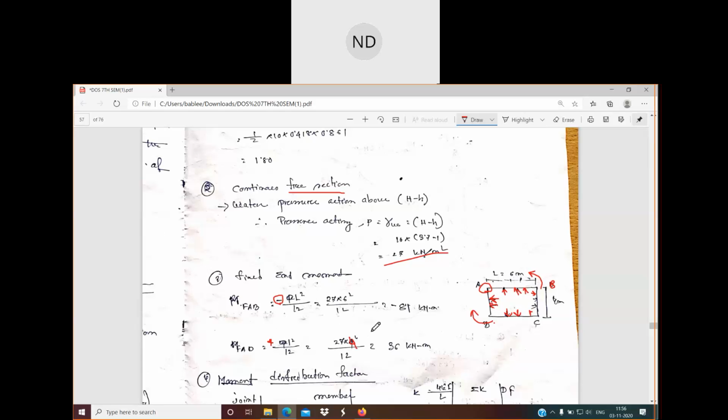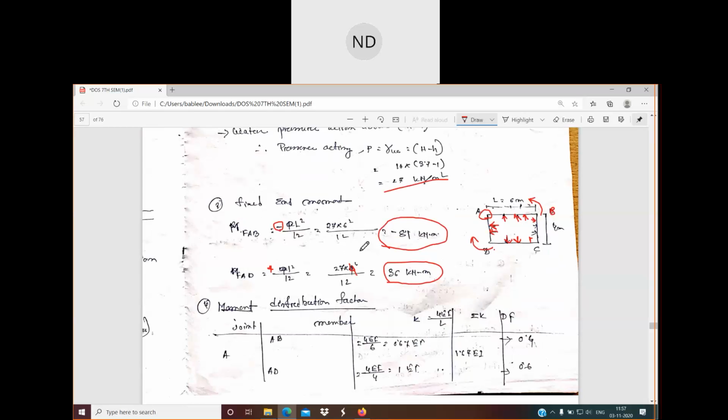Once you have calculated, you have got the FAB moment to be minus 81 kilonewton meter, and FAD, the shorter wall, you have got 36 kilonewton meter. So these were your fixed end moments along the 6 meter longer span and the shorter span.